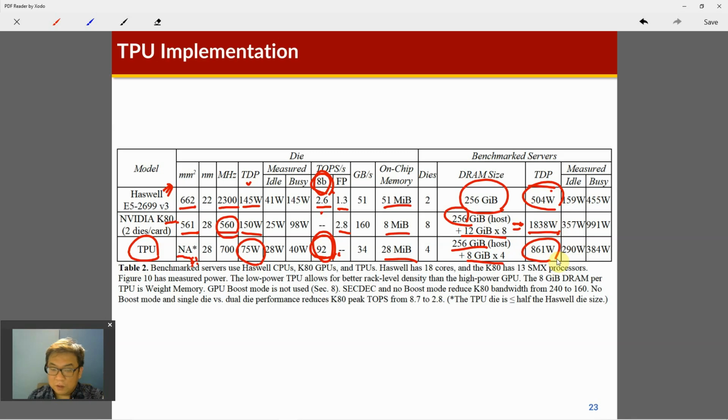Its power consumption is larger than the Intel CPU, because this is the CPU plus 4 TPUs. So the TDP is larger than the Intel CPU, but what's the performance? The performance is very high compared to the general purpose multi-core CPUs.